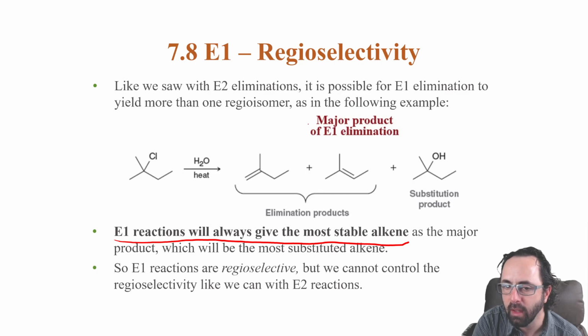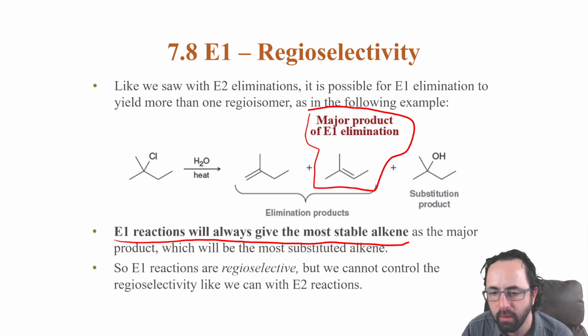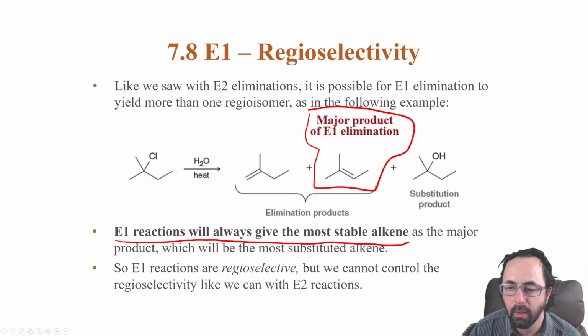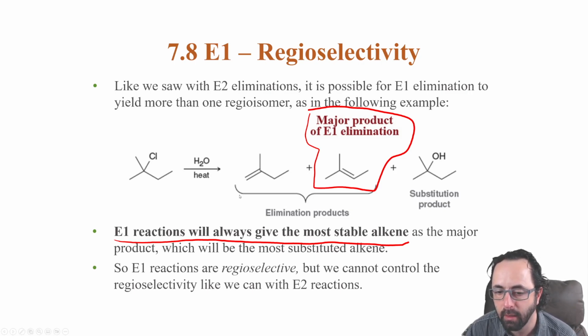In an E2 reaction, we could get a lot of the Hofmann product, especially if you have a sterically hindered base. But in an E1 reaction, our major product is just going to always be the more substituted double bond. And you can see this double bond is trisubstituted as opposed to this one being disubstituted. Okay, we'll also get the substitution product because we're going through the same carbocation intermediates.